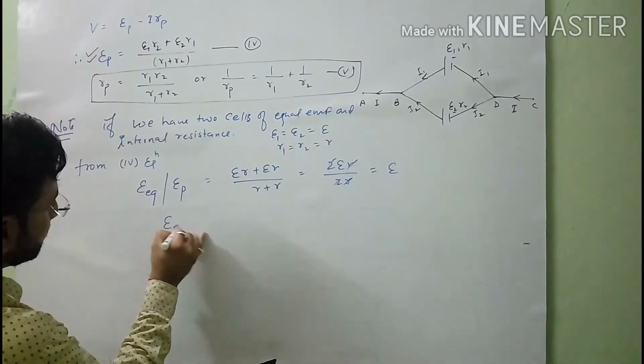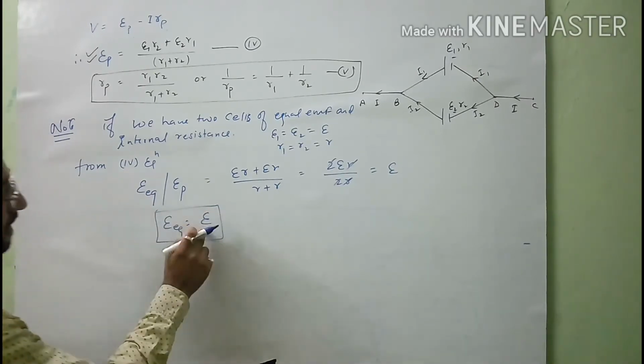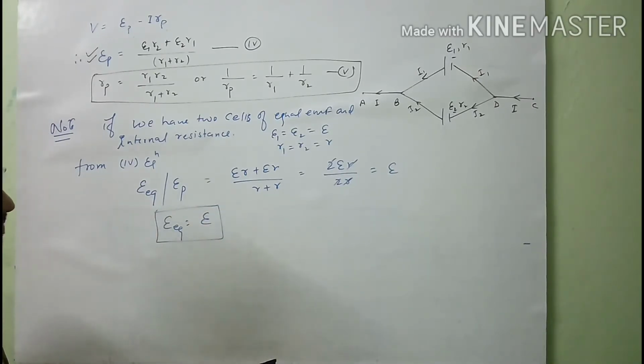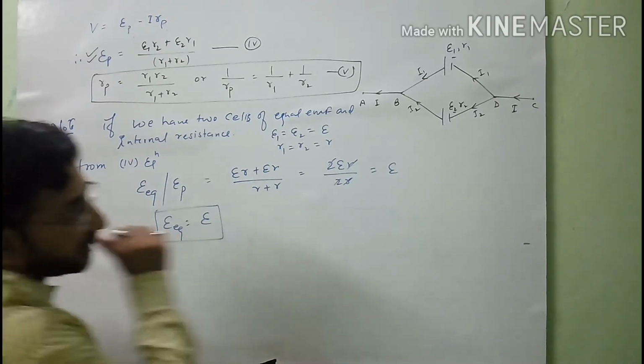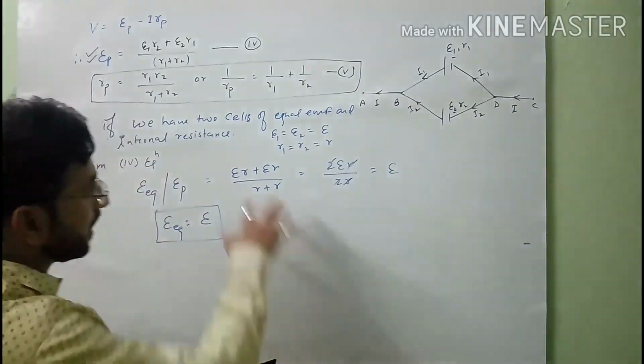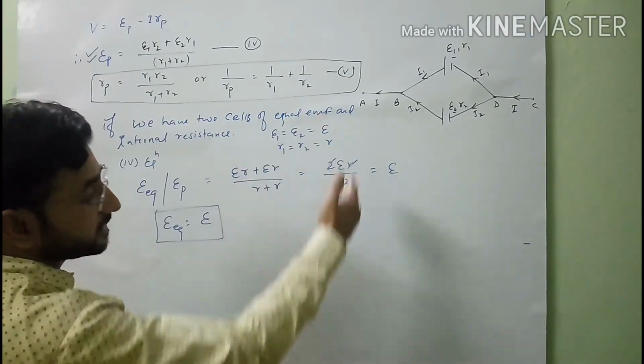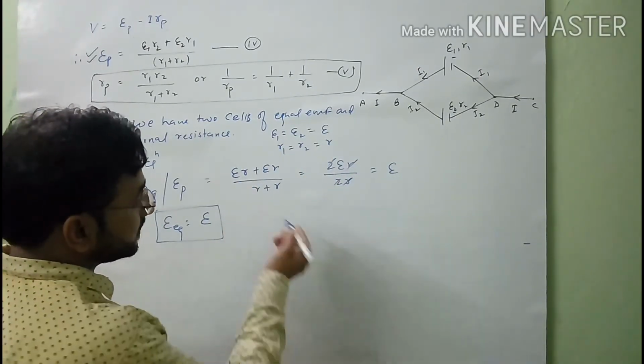It means that E equivalent will be equal to the EMF of a single cell. Here it means that when you have n cells, after these 2 cells we can apply this condition for 3 cells, for 4 cells, but the change will come.